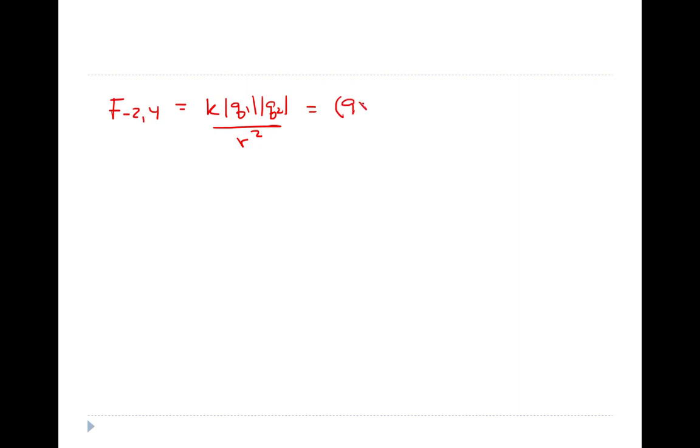So K was 9 times 10 to the 9th Newton meter squared per coulomb squared. One of our charges in this case is 2 coulombs. The other one is 4 coulombs. Remember, it's absolute valued. I don't want to deal with the minus signs here. I deal with those when I put the directions on. And the distance between the -2 coulomb charge and the 4 coulomb charge was 1.5 meters.